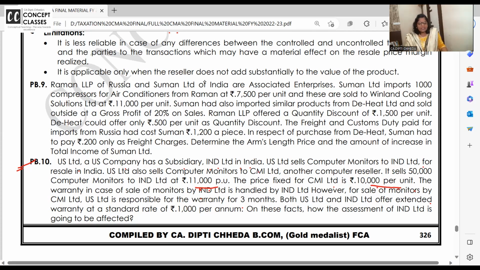To others, they have not charged the warranty. Clear? Right? Both US Limited and India offered extended warranty at 1,000 per annum. So how many months of warranty are they giving? That many months only we should take. Right?